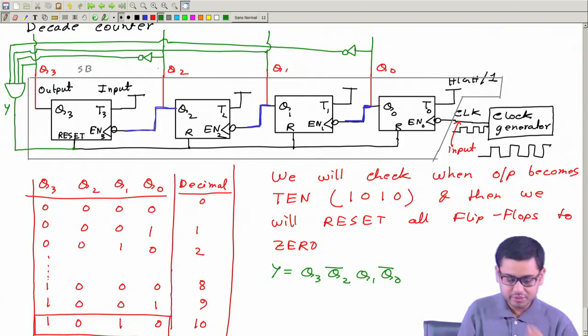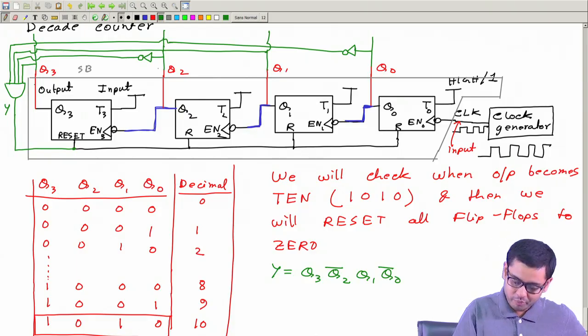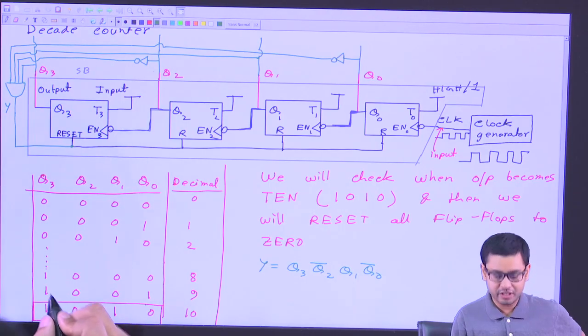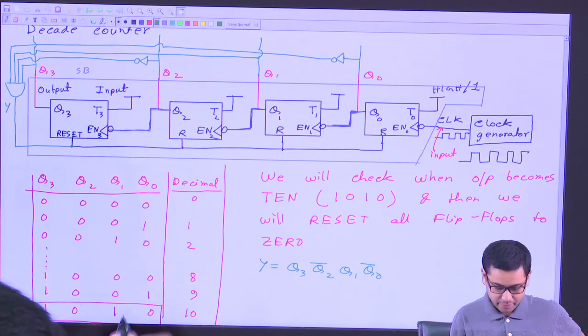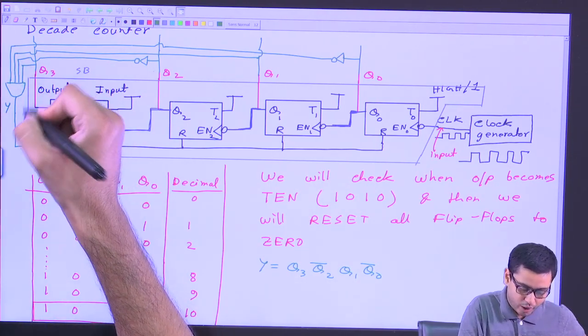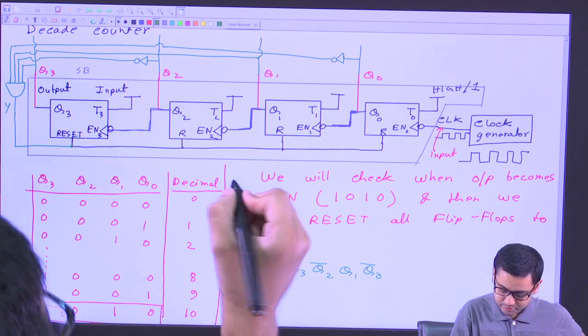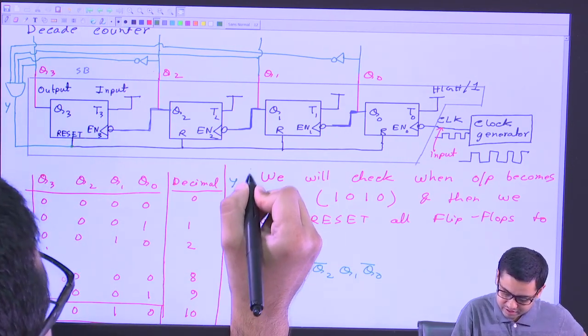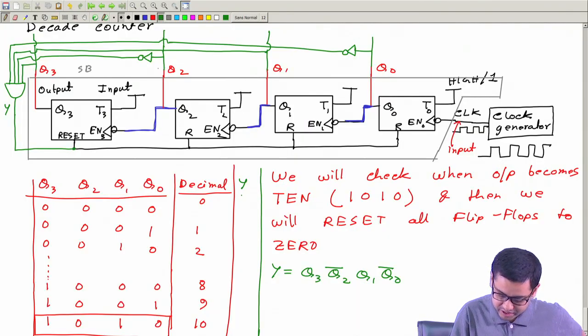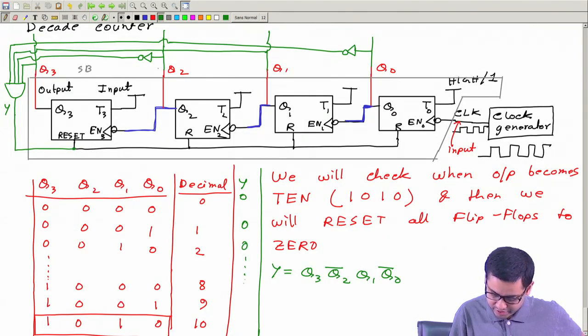So what happens? The moment these four values go to this 1010 level, then this y will become 1. If I write y here, y is 0 here, 0 here, everywhere it is 0, but at this moment y is 1.